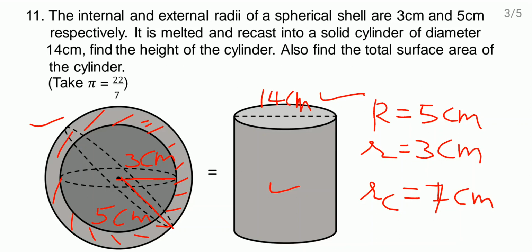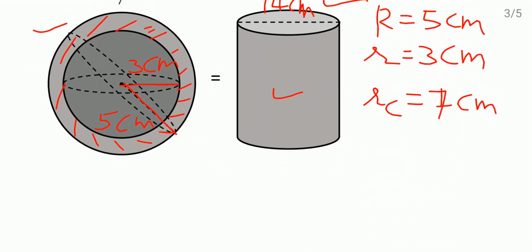It means that while writing the answer, I will write volume of cylinder is equal to volume of this spherical shell. So here I'll write volume of this cylinder, which is equal to volume of the outer portion of the spherical shell.